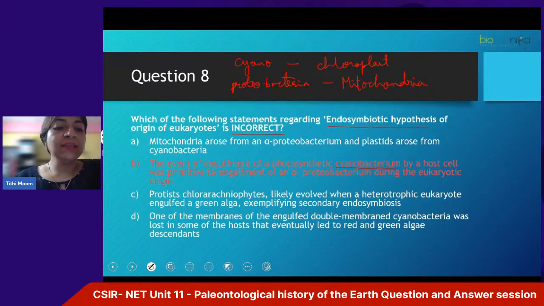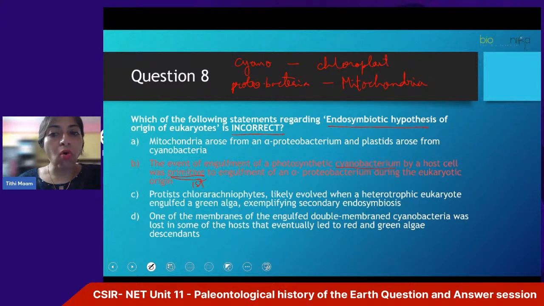Statement B is saying that the event of engulfment of photosynthetic cyanobacteria by a host cell was primitive. Primitive means first. So this is saying that the cell engulfed a photosynthetic cyanobacterium first, and then it engulfed an alpha proteobacterium.